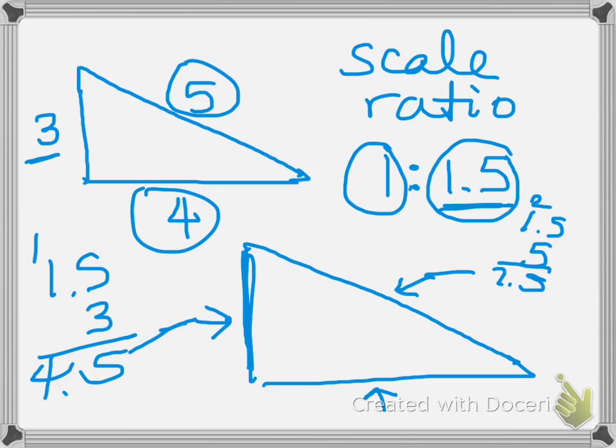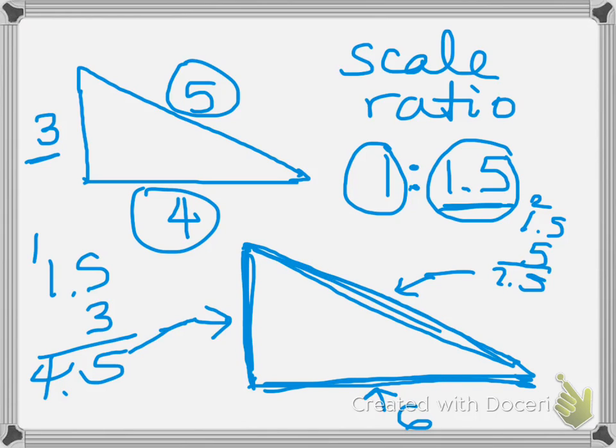So 4 times 1.5 will end up being 6. Okay, now if they ask you to draw it, then you'll have to draw a triangle that is 6, whatever the unit is, millimeters or centimeters or whatever, by 4.5 by 7.5, okay? So use your ruler to be able to draw that out.